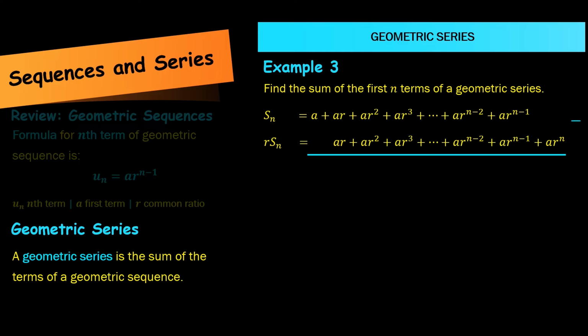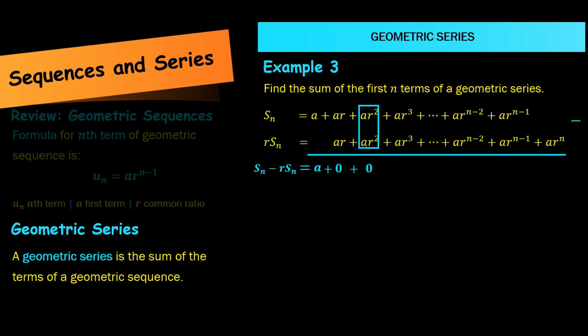If we subtract the second series from the first series, we obtain s subscript n minus r times s subscript n equals a minus 0, which is a, and then we add to that ar minus ar, which is of course 0.